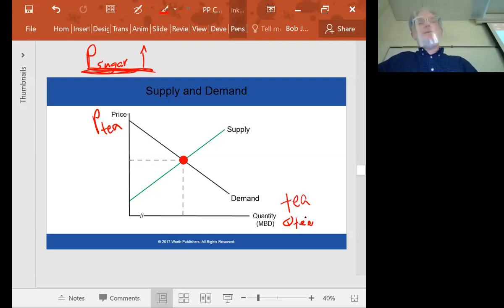So you look for the connection, and you have in your mind the list of shift factors for demand and the list of shift factors for supply, because it's most likely going to be on one of those two lists. So what's the connection between sugar and tea?